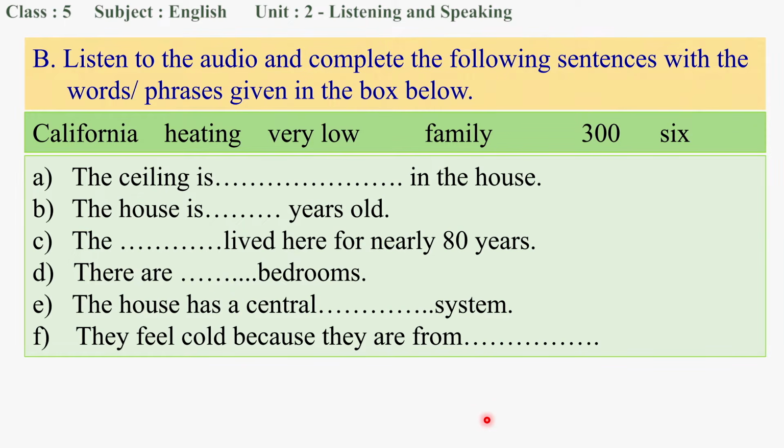My family lived here for nearly 80 years. There are 6 bedrooms. Is there central heating in the house? Yes, there is. Why do you ask? Are you cold? Yes, it's very cold in here. That's because we're from California. Let's go and see the other bedrooms. Yes, of course.